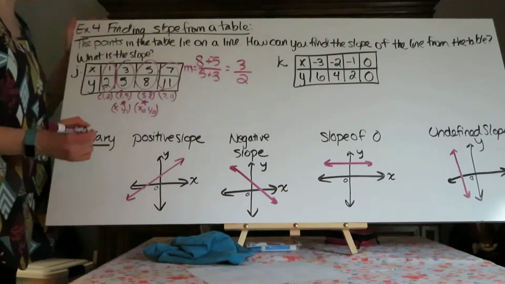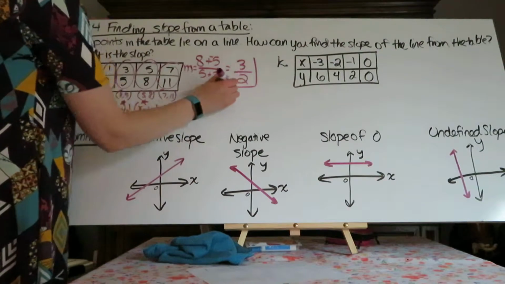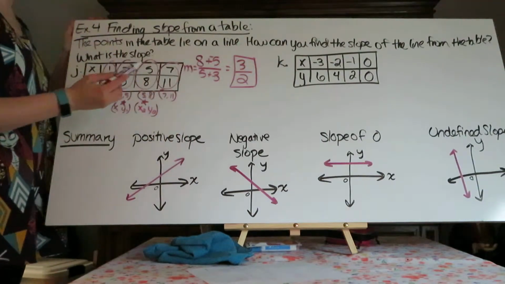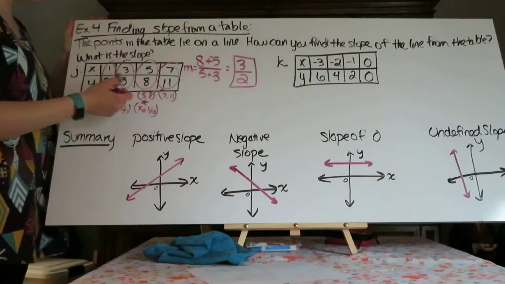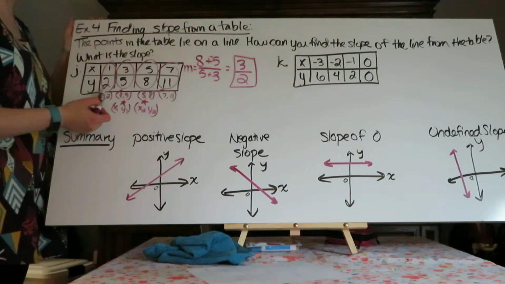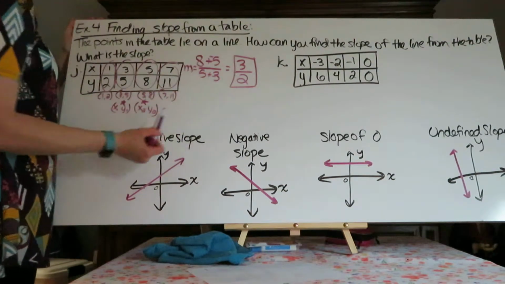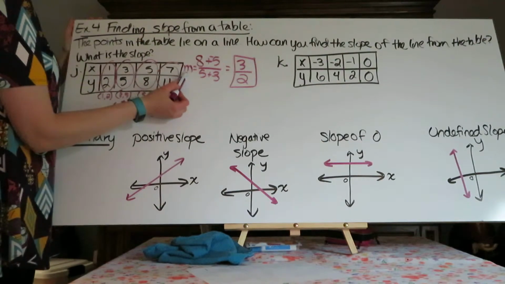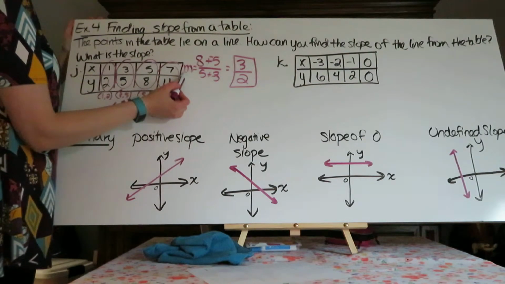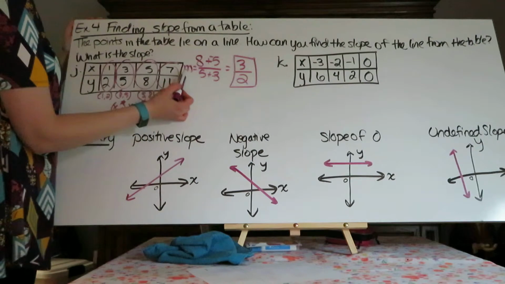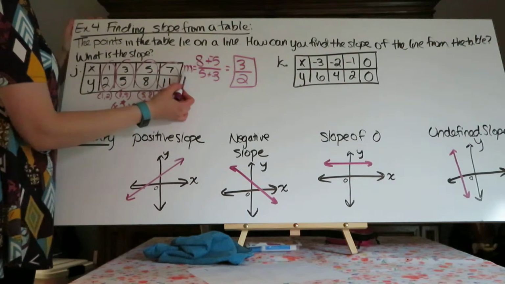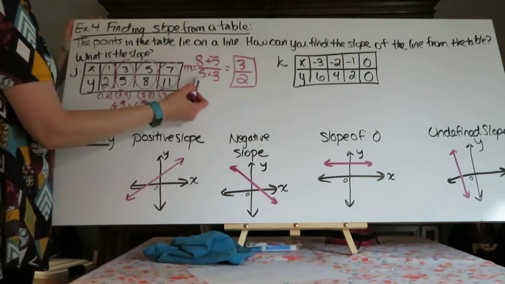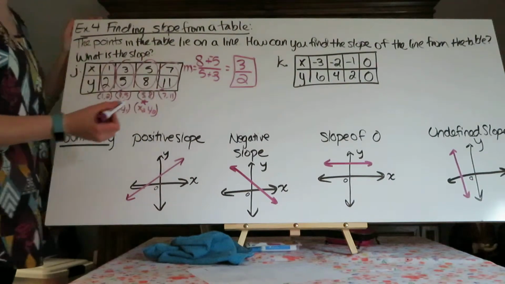So we have the slope of 3/2. If you took the largest and subtracted the smallest, you would have still resulted with the slope of 3/2. If you notice, every time I see the letter M, I always use the word slope. I don't say M equals, I say slope equals. M and slope are the same thing.